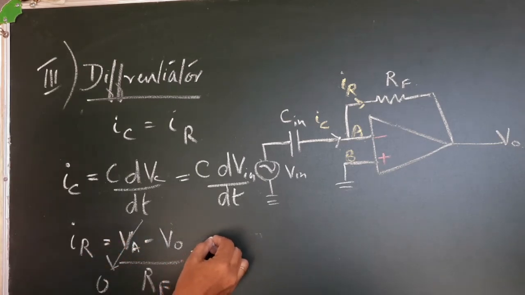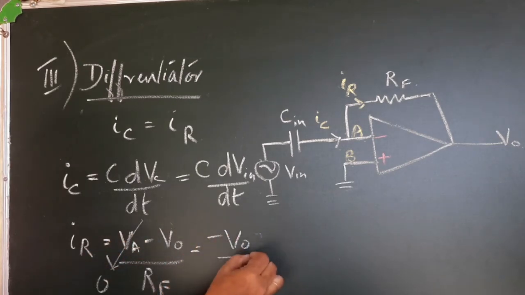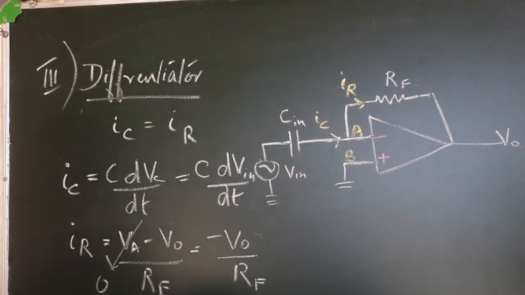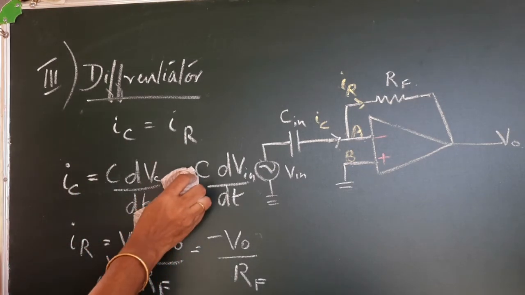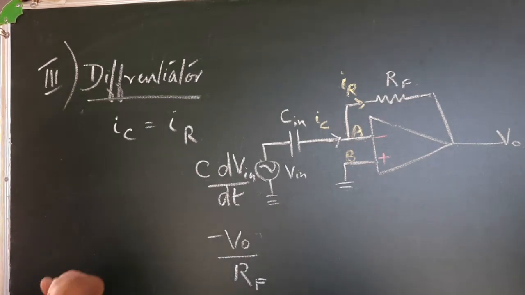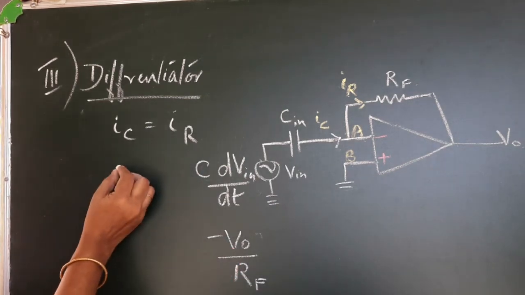So this becomes minus V0 by RF. So this is the expression for IR, this is the expression for IC. Now we will equate them.